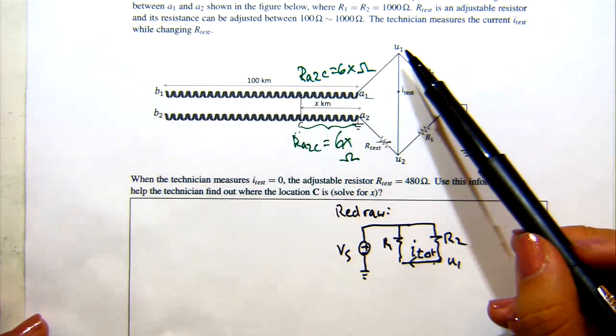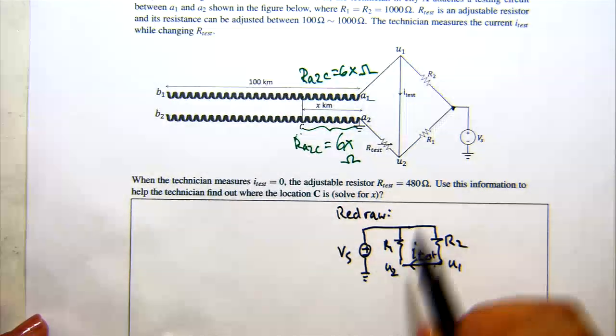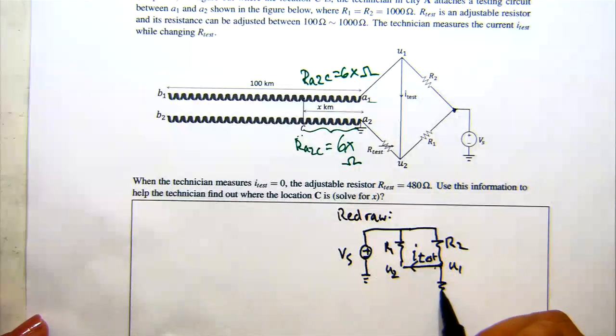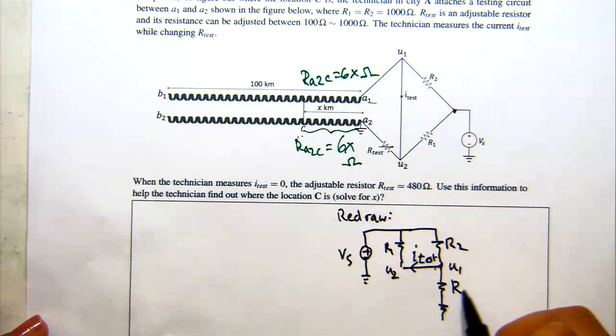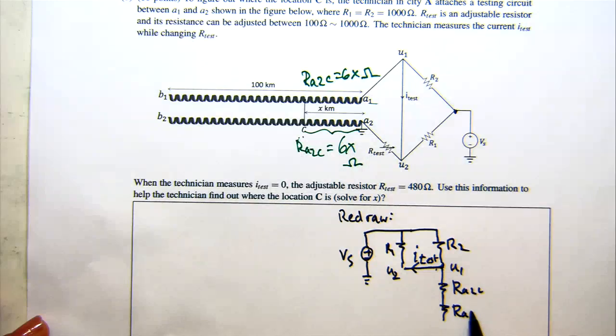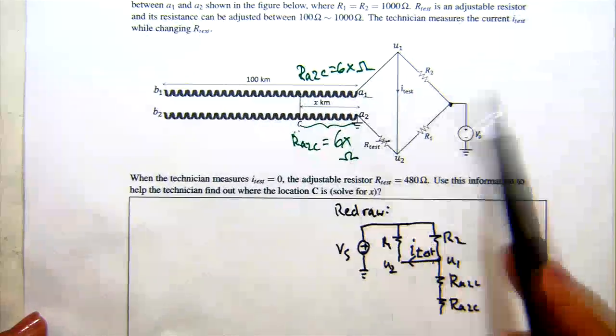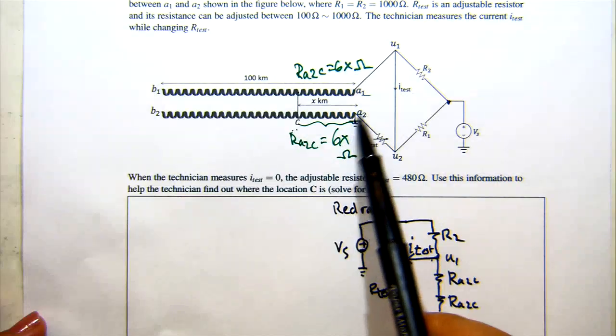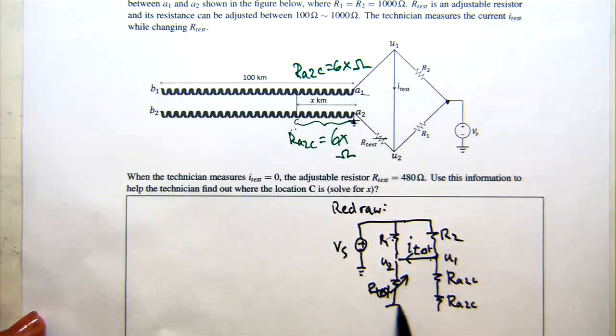Underneath U1, I have two resistors, RA2C and also RA2C. And underneath U2, I have my R test. Both of these are connected to ground.